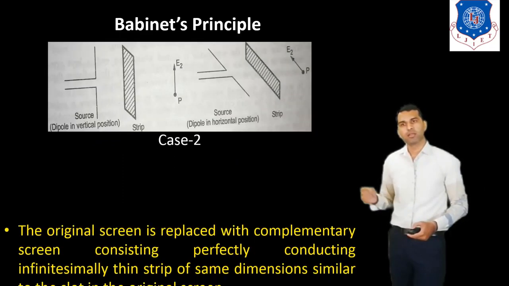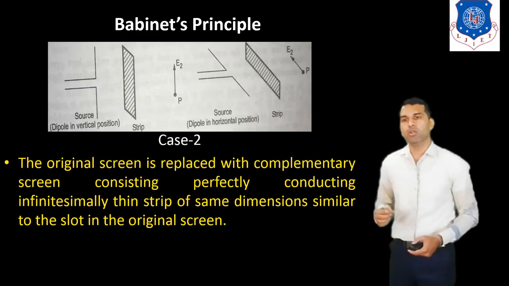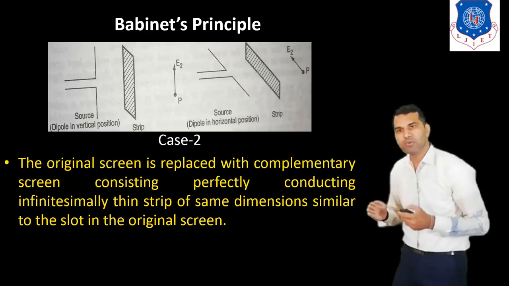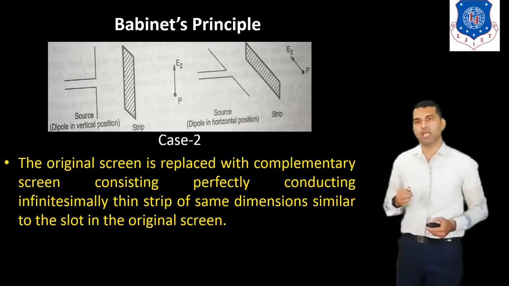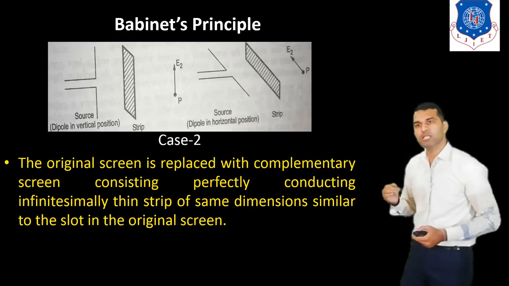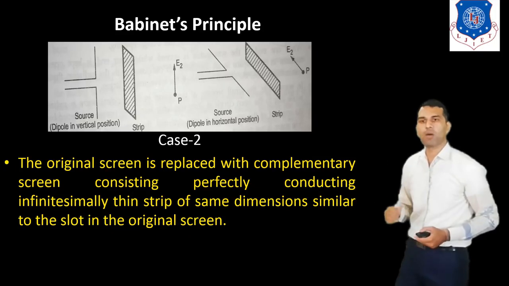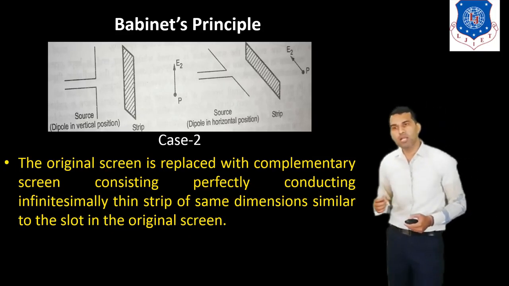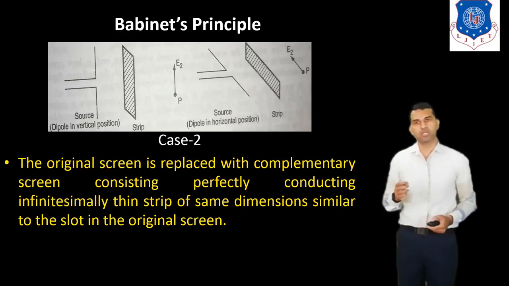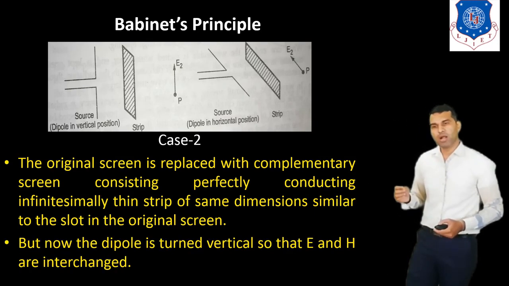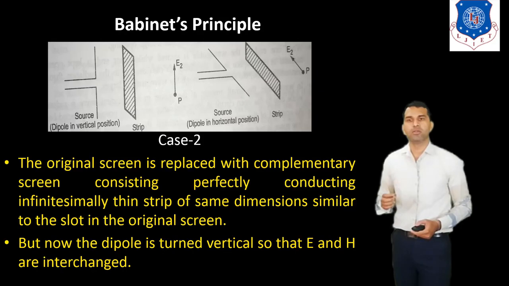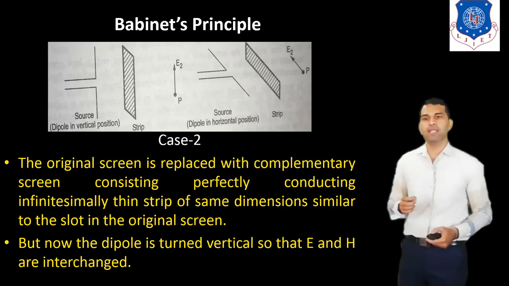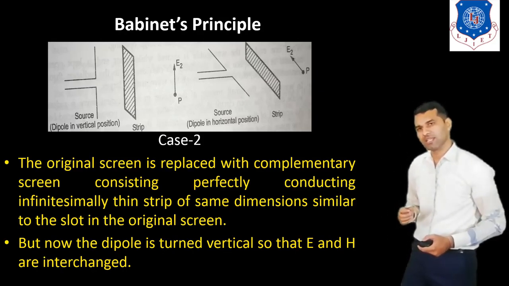Now case 2. The original screen is replaced with the complementary screen, consisting of a perfectly conducting, infinitesimally thin strip of the same dimension as the slot in the original screen. But now the dipole is turned vertical so that E and H are interchanged.